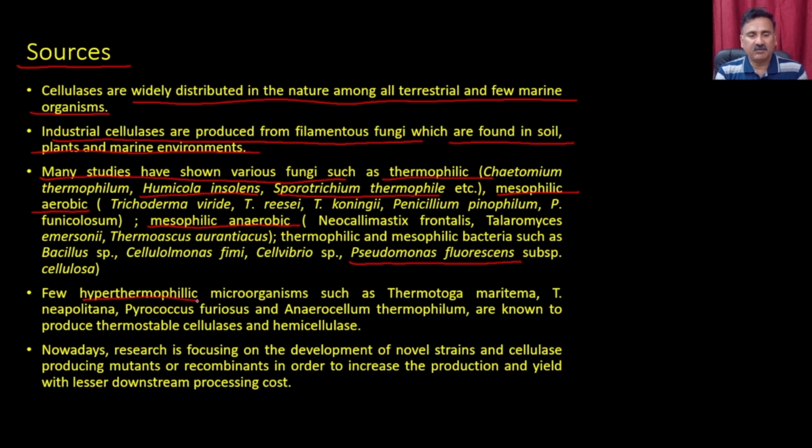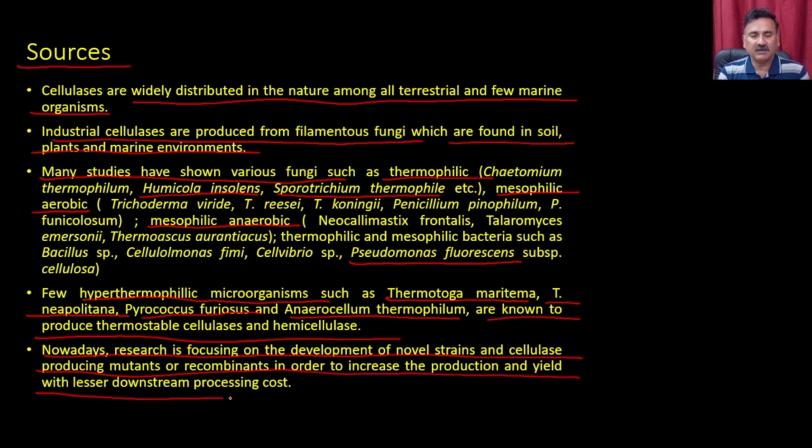Few hyperthermophilic organisms such as Thermotoga maritima, Thermotoga neapolitana, Pyrococcus, and Anaerobacillus thermophilus are known to produce thermostable cellulases and hemicellulases. Nowadays, research is focusing on the development of novel strains and cellulase-producing mutants or recombinants to increase production and yield with lesser downstream processing cost.